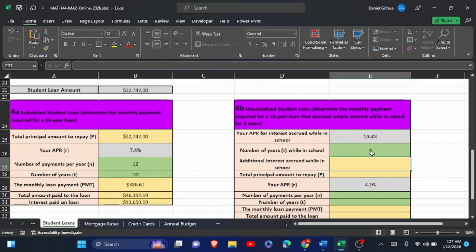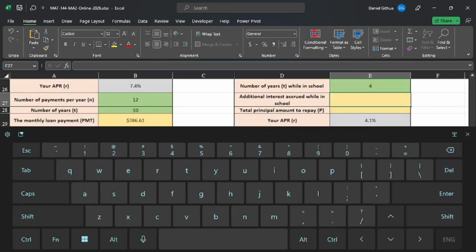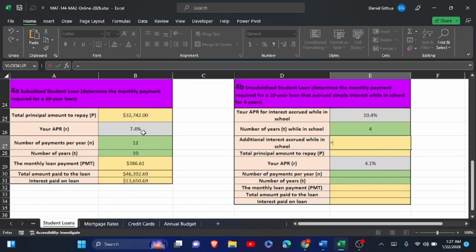The interest that has occurred when in school is given by the principal amount in B25 multiplied by the interest, and then multiplied by 4, given here by this 4. Enter. So that is the additional interest that has been incurred.